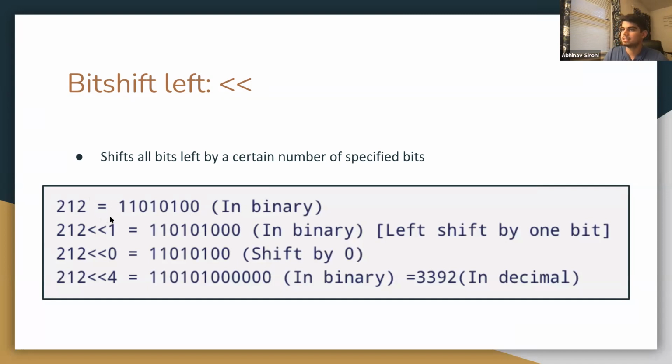So if we want to bit shift it over to the left by 1, all it does is move every bit over to the left by 1. And you can see that clearly here because each bit was basically shifted over 1 place.